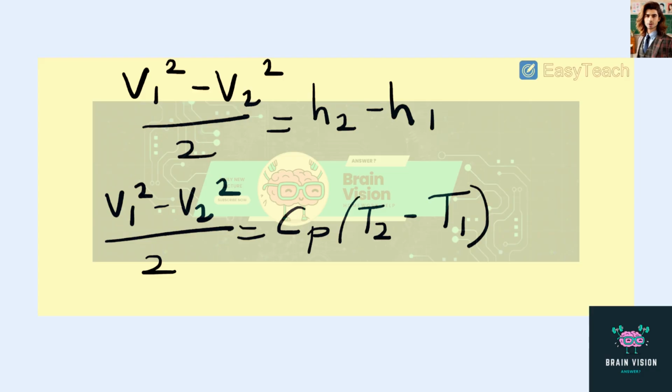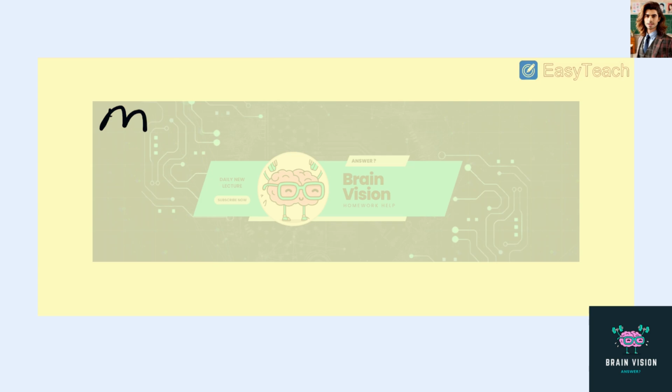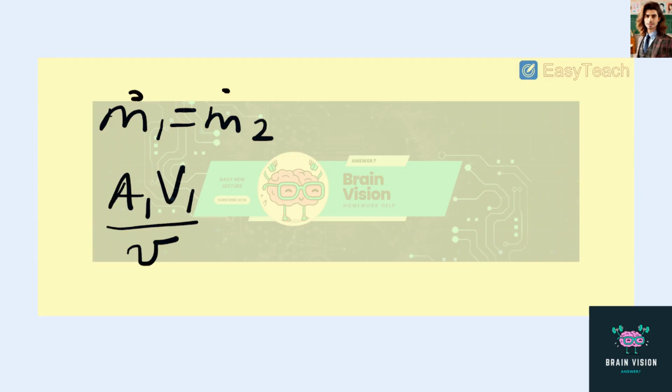What we can also do now is combine the mass balance and the ideal gas equation. We know that m dot 1 is equal to m dot 2. And this is equivalent to saying A1 V1 all over specific volume 1 is equal to A2 V2 all over specific volume 2.